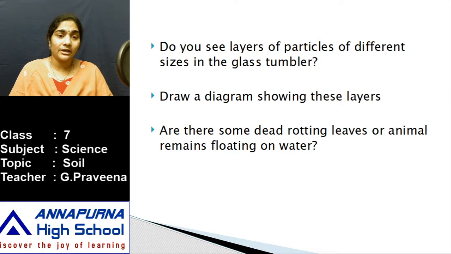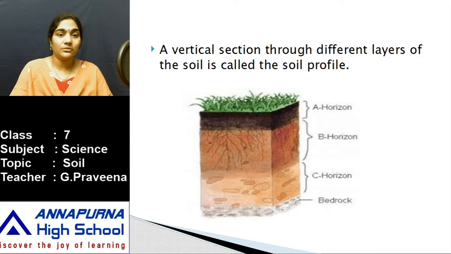The nature of the soil depends upon the rock from which it is formed, and also the kind of vegetation it grows in. Let us now see what is meant by soil profile and how these layers are arranged one below the other. A vertical section through the different layers of the soil is called the soil profile.